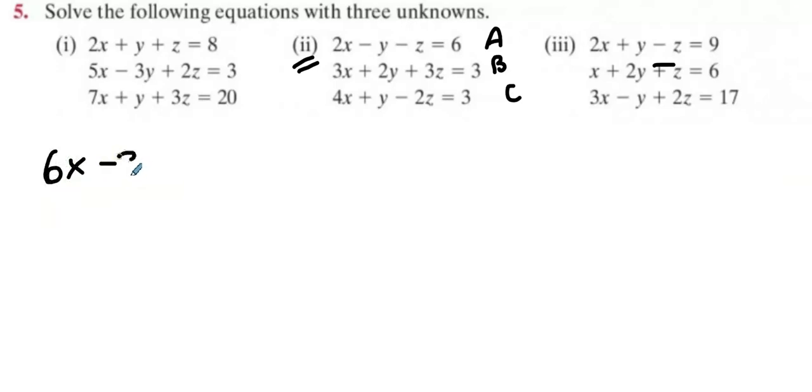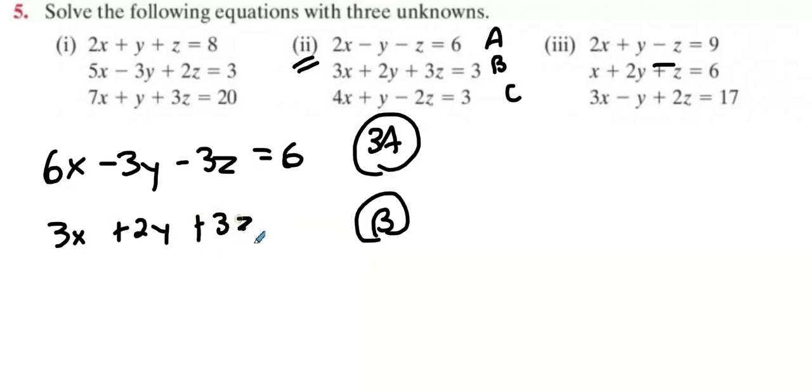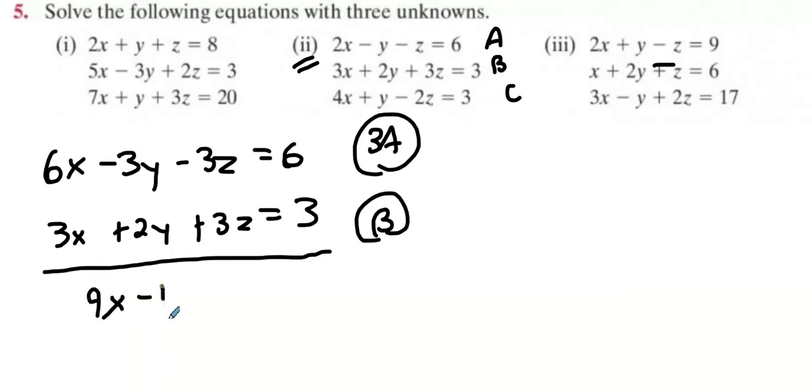That's 3y, 3, 6. This is 3a. This is b. 3x, 2y, that 3 equals 9x minus 1y equals 9.